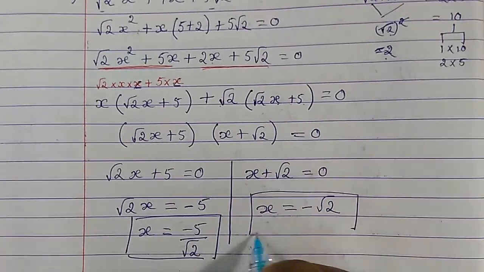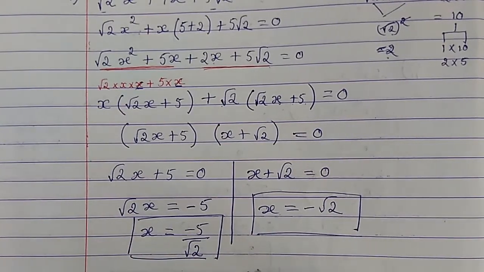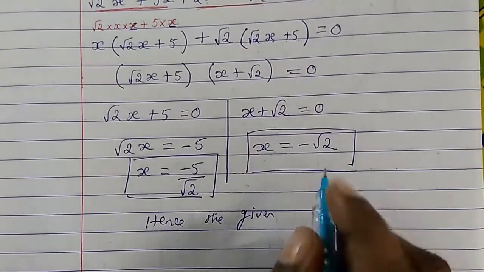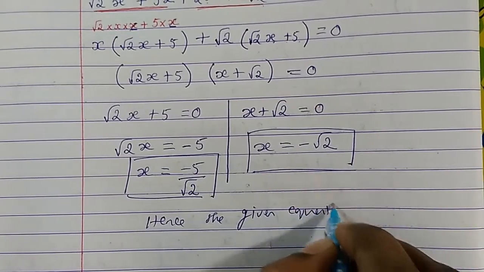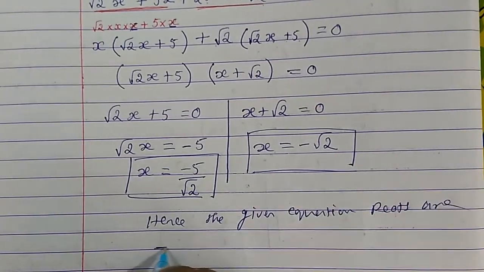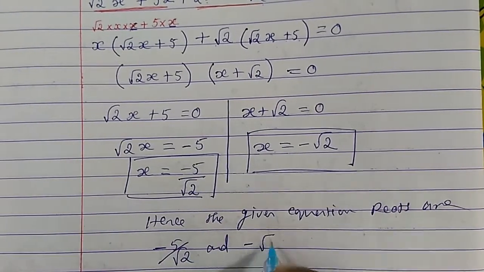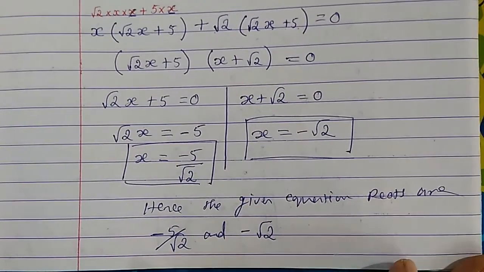So we got the x value here also. Hence the roots of the given equation are minus 5 upon root 2 and minus root 2. So like this you have to do it.